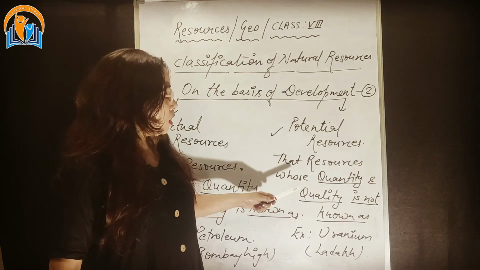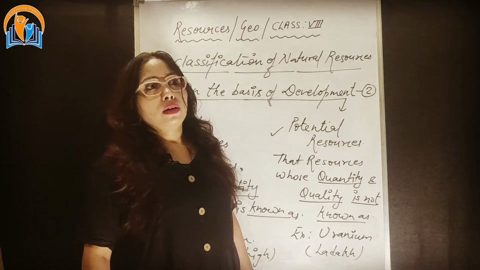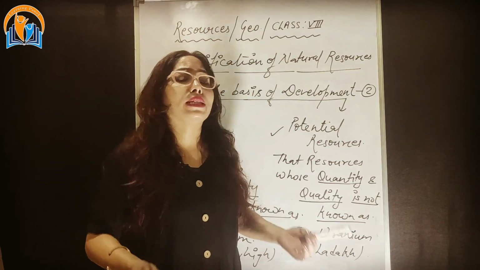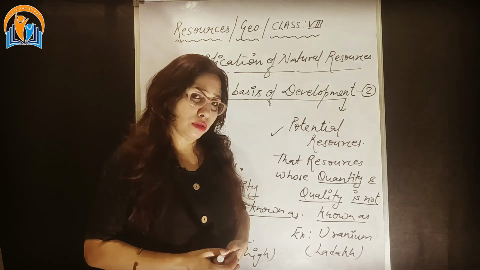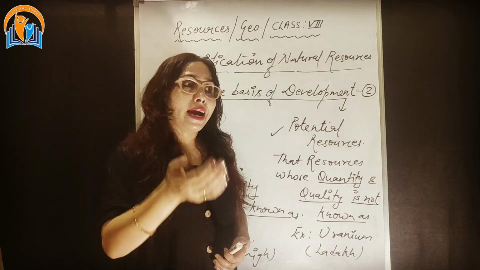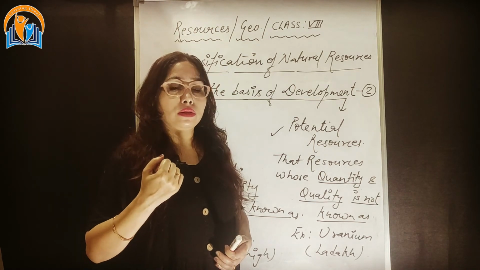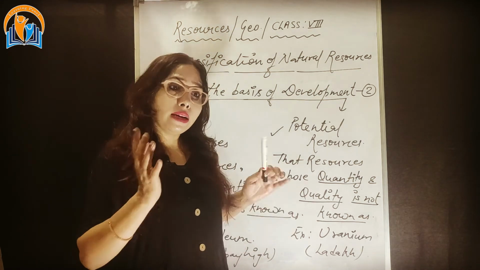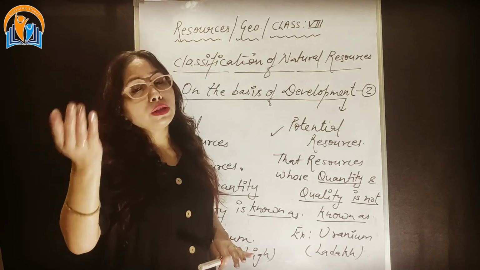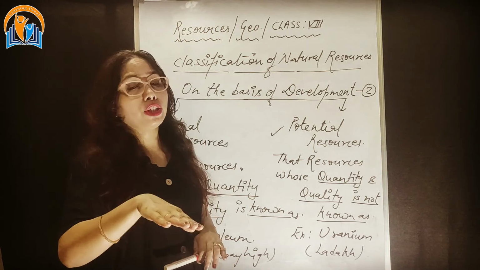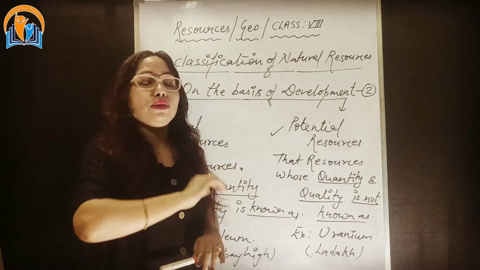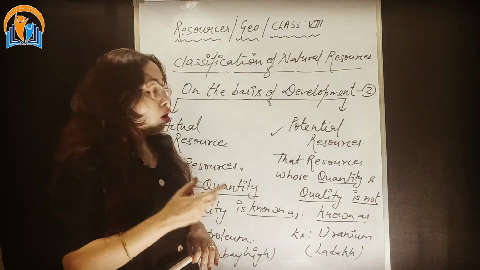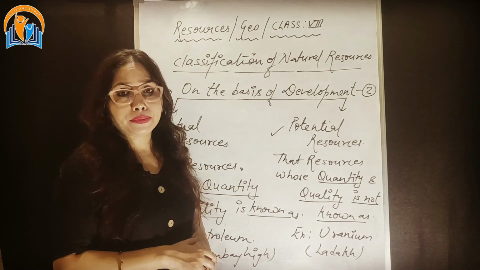Even you may say that these are not used in present time, called potential resources. Maybe science and technology advance, then they can be used in future, and potential resources can be turned into actual resources.